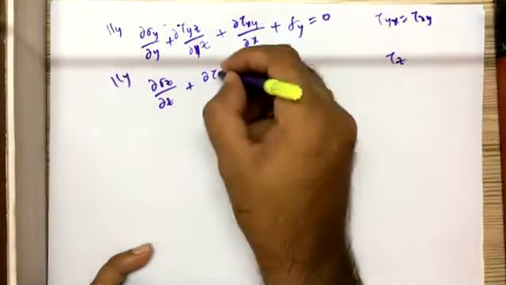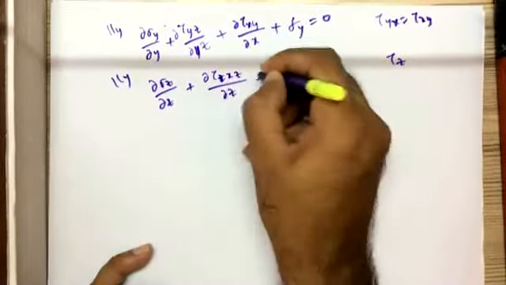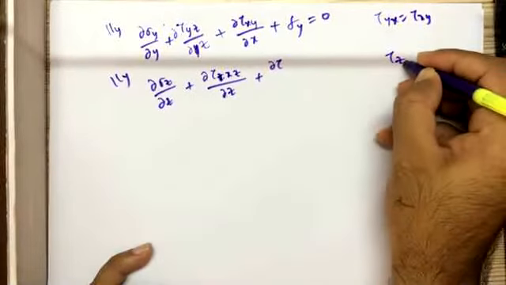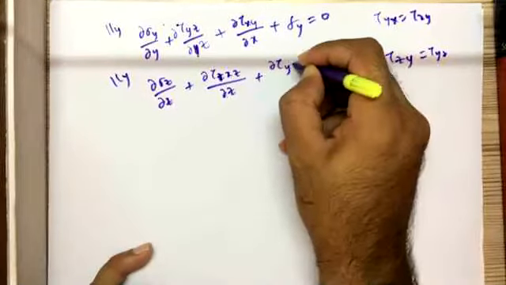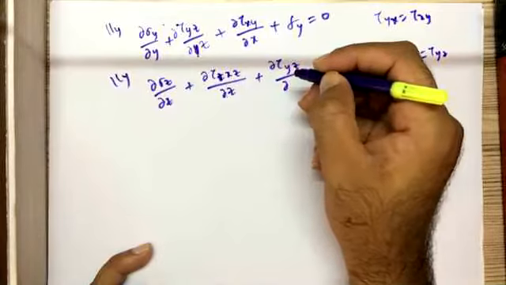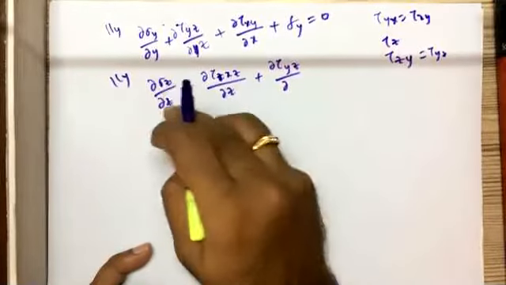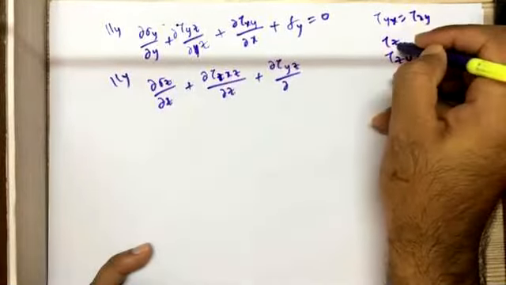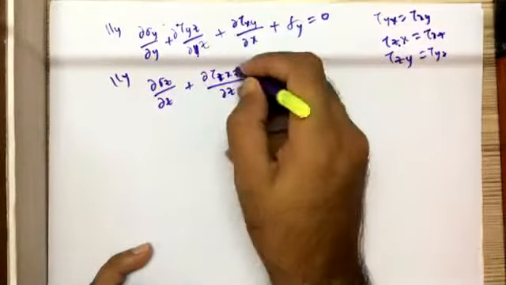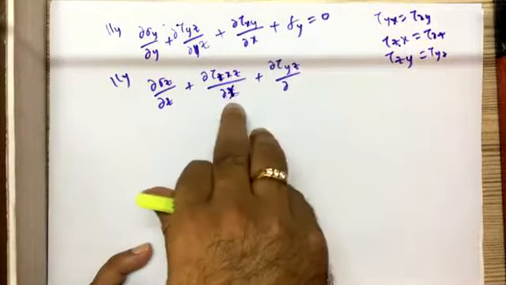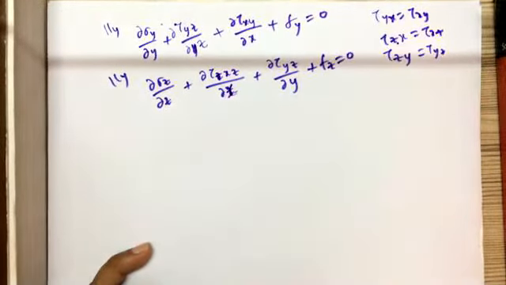After z, let us start with x, so ∂τzx, but zx is same as xz, divided by ∂x, since now we are considering x direction. Plus ∂τ, x is already over, so y, zy is same as yz, so ∂τyz/∂y plus fz is equal to 0.